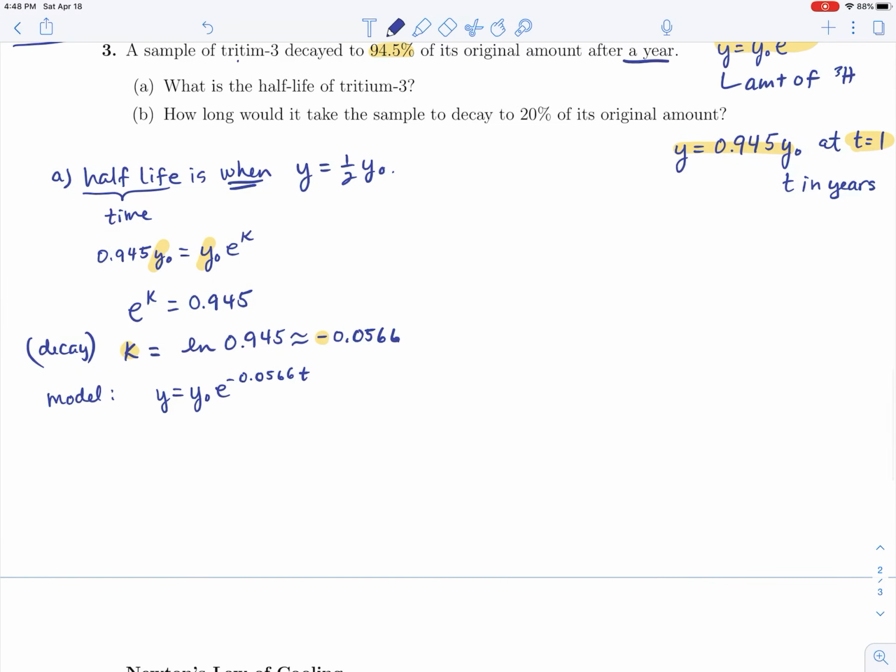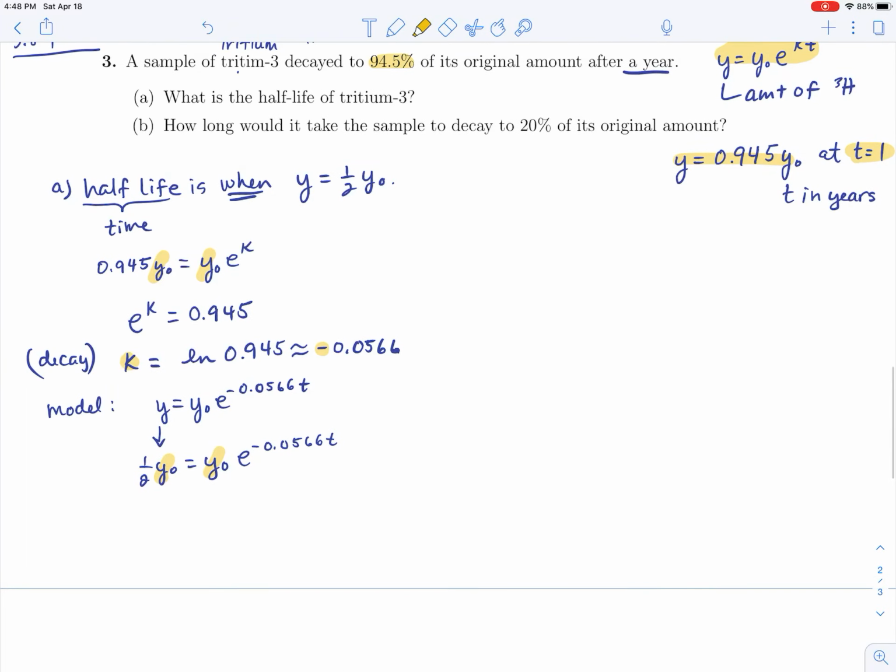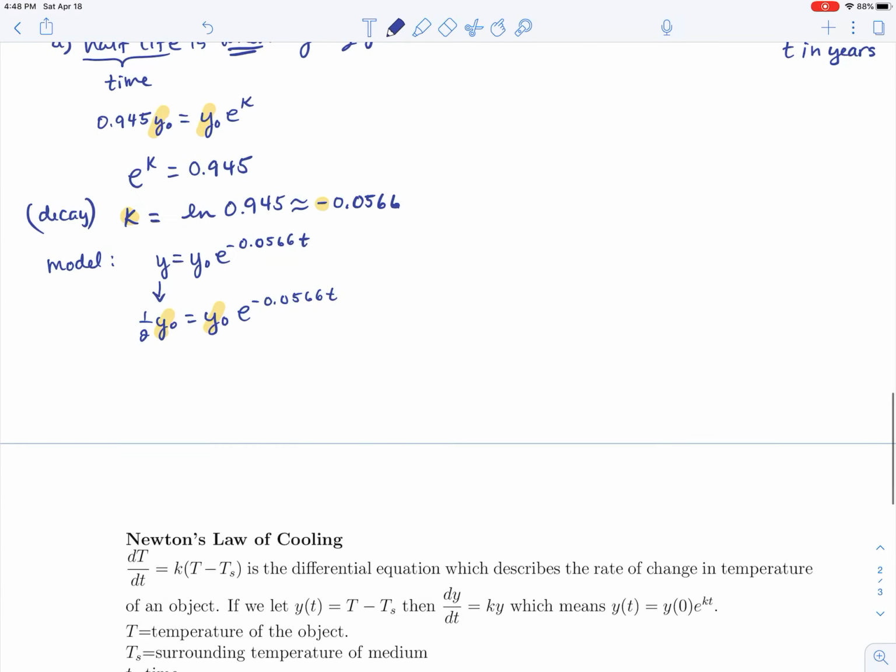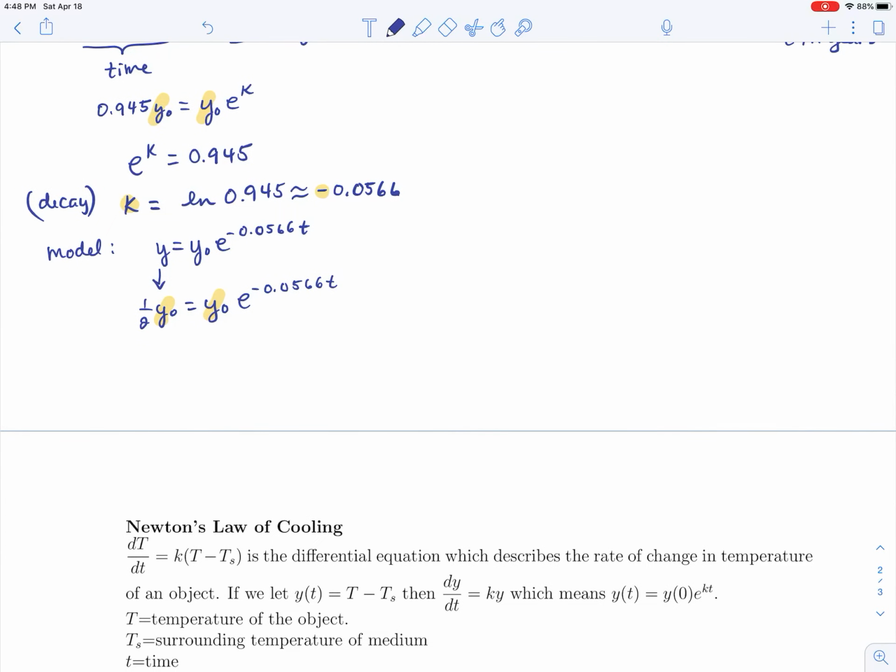We want to know the half-life, so we're going to replace y with 1/2 y naught. And then our y naughts will cancel again. If we're given percentages, then we don't really need specific amounts. And so then we're going to have e to the negative 0.0566t equals 0.5.